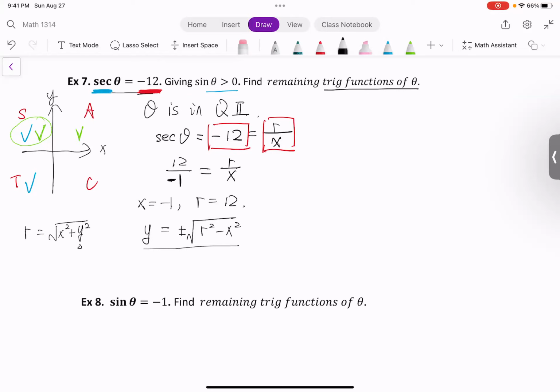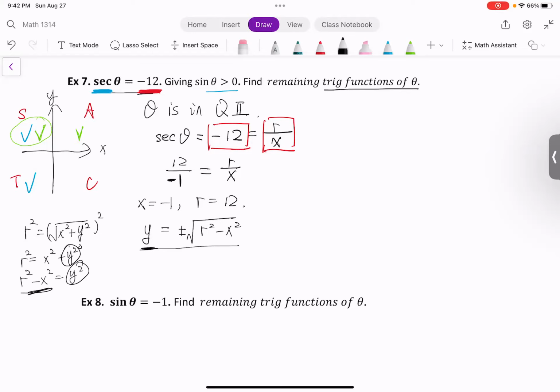So if I'm looking for y, square both sides: r squared equals x squared plus y squared. Isolate the y: minus x squared on both sides. Then take the square root of both sides. I can get y equals this. I cannot decide positive or negative.